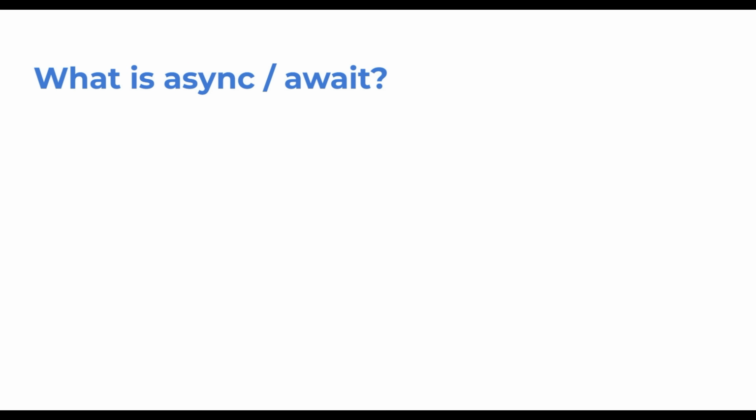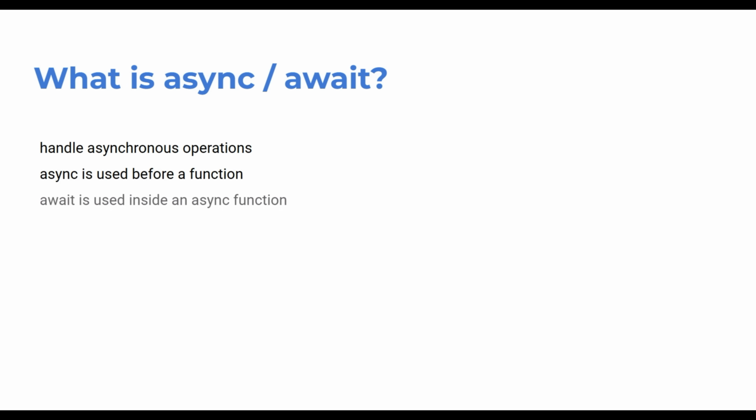So today we'll work on the people in space project using async await. Async await is a modern way to handle asynchronous operations in JavaScript. Async is used before a function to tell JavaScript that the function will perform tasks that take time and will return a promise.